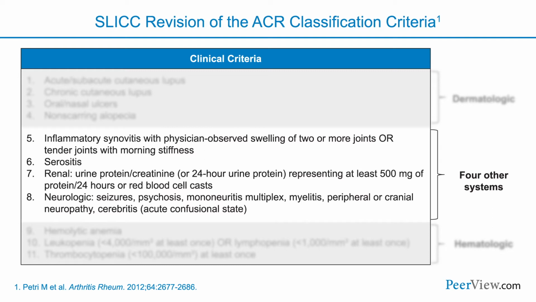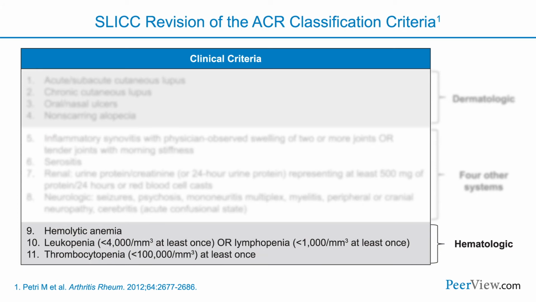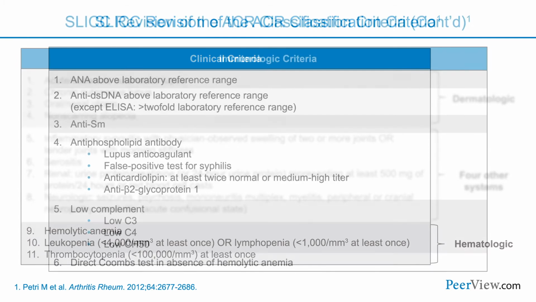You can see the large number of manifestations of neurologic lupus. Luckily, seizures and psychosis are rarer now than they were 30 years ago. The last 3 are the 3 hematologic cell lines: hemolytic anemia, the low white blood count, and thrombocytopenia.